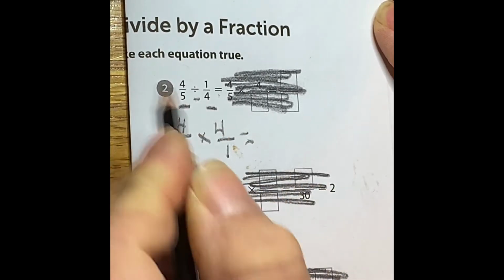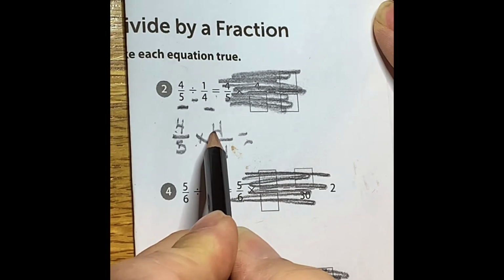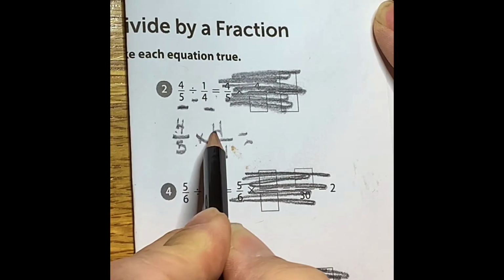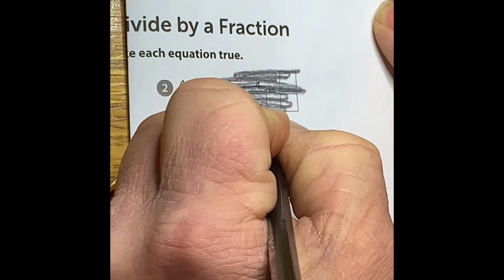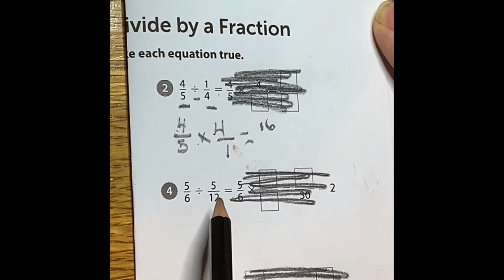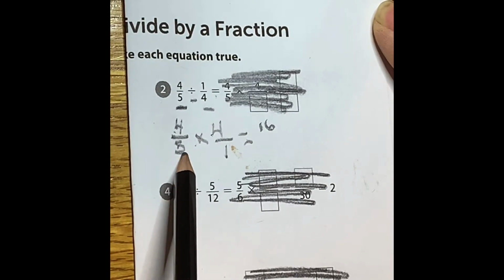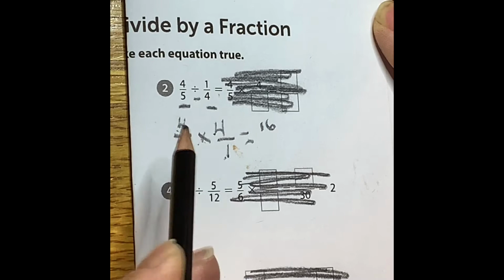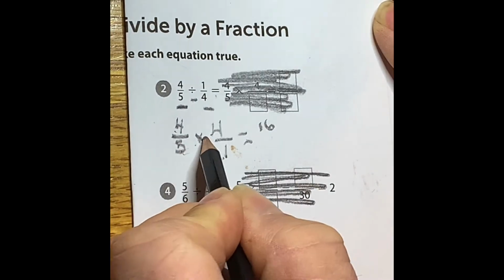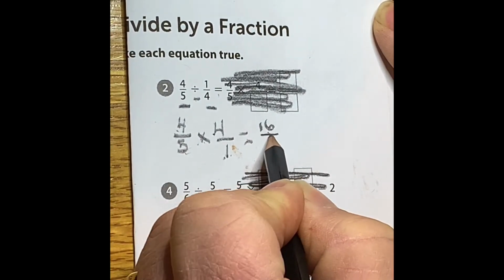Now we do the math. Numerator times numerator, 4 times 4, 16. Now it's going to go 5 times 1. 5 times 1 is 5.